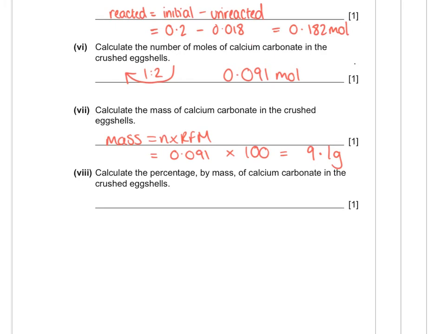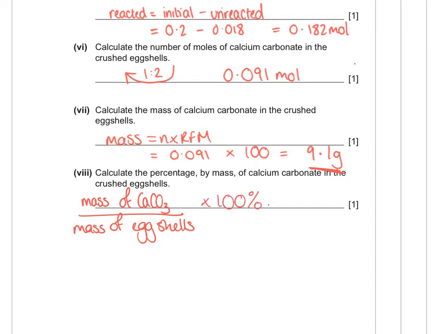And then finally, you calculate the percentage by mass of calcium carbonate. How we're going to work that out is we're going to use a very simple equation of mass of calcium carbonate, and that's what we work out from our experiment, that's the 9.1 grams here, over the mass of eggshells, and times 100%.